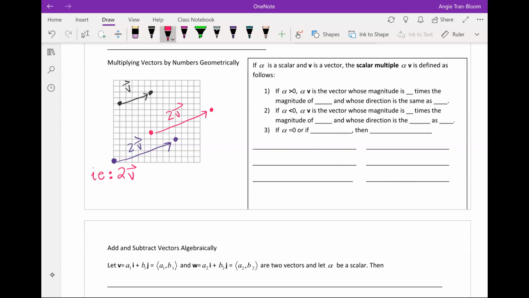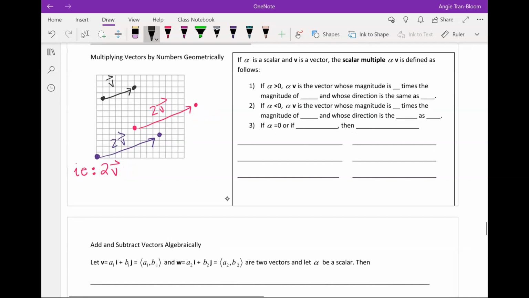Now, in the box it says, if alpha is a scalar and v is a vector, the scalar multiple alpha times v is defined as follows. If alpha is a positive number greater than 0, alpha times v is the vector whose magnitude is, what's the magnitude of your 2v?